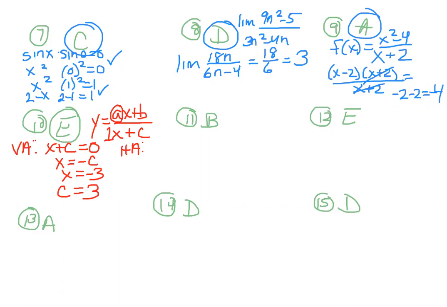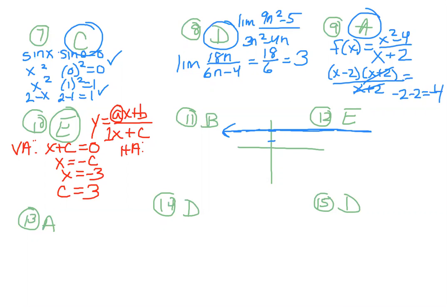Number 12, for x greater than or equal to 0, the horizontal line y equals 2 is an asymptote for the graph. Which of the following statements must be true? Okay, so let's look at that. Y equals 2 is right here. So for x greater than or equal to 0, f of 0 has to equal 2?